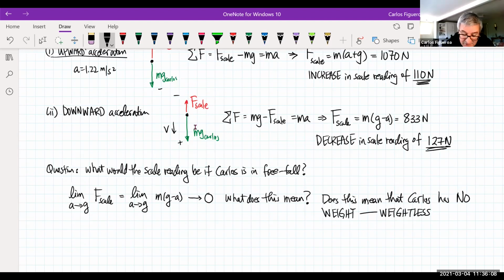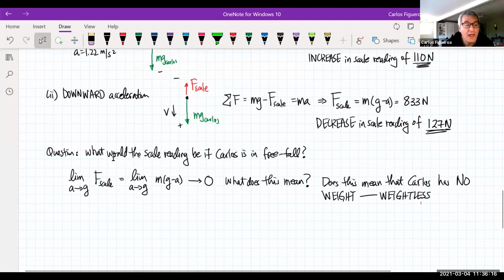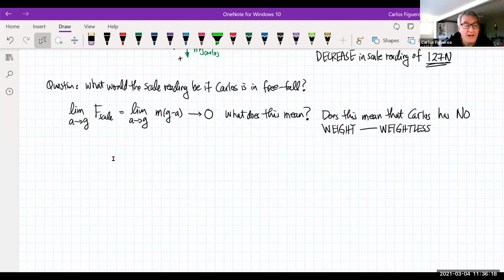And what this means is the following: any time an object is in a state of free fall, all weight scales will read 0.